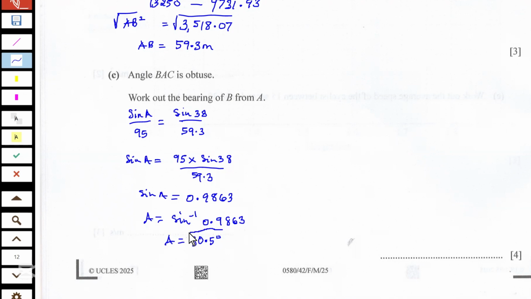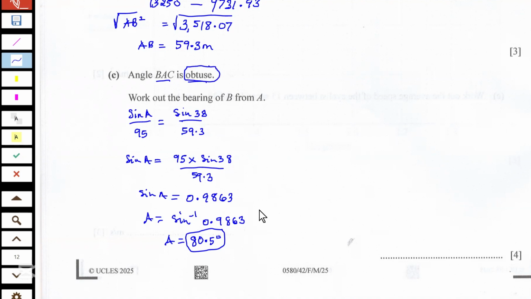But 80.5 degrees is an acute angle, and we're told that angle BAC is obtuse. An obtuse angle is an angle greater than 90 degrees, but less than 180 degrees. So we actually have to find the exact angle of BAC because it's an obtuse angle, as we're told from the instruction given here.